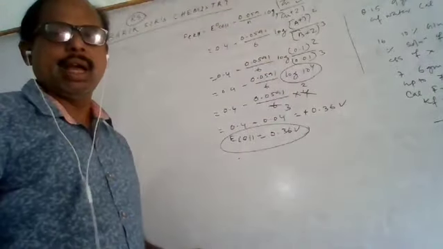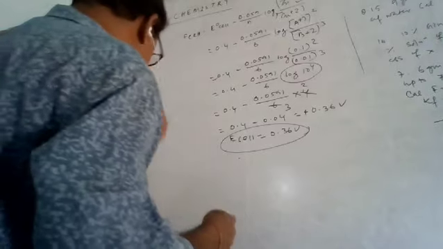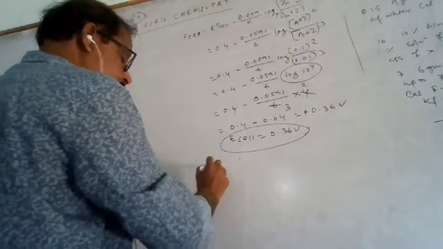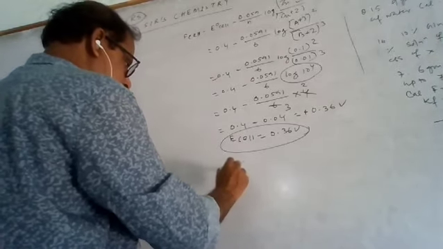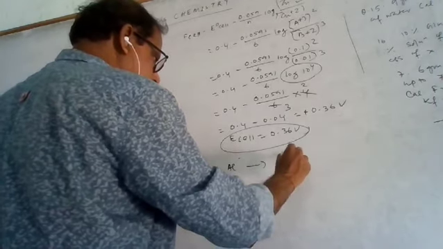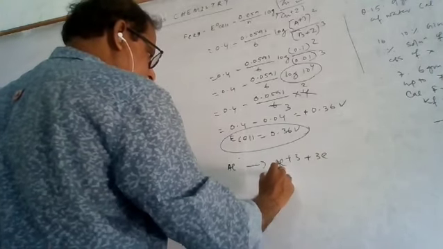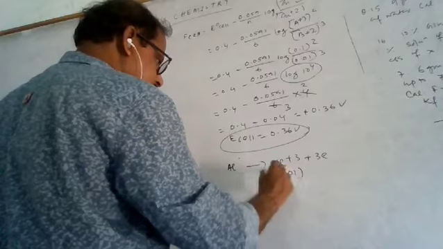Sometimes the question will ask you to calculate the electrode potential also. Suppose the Al is converted to Al+3 plus 3 electrons, and here the concentration is 0.01, given here.